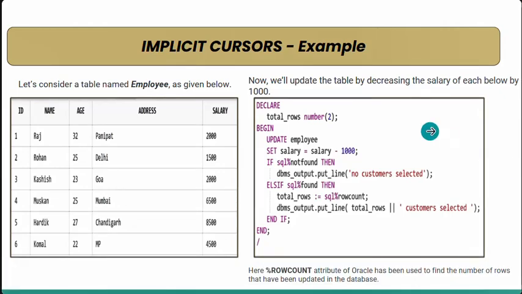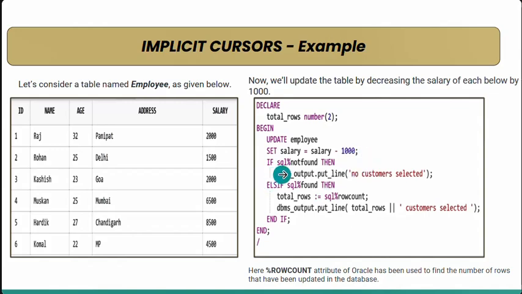Here in the declaration part, we declare total_rows as a numeric data type. We are using the update statement. Whenever a data manipulation statement is used, a temporary area is created. So here: update employee set salary equal to salary minus 1000.